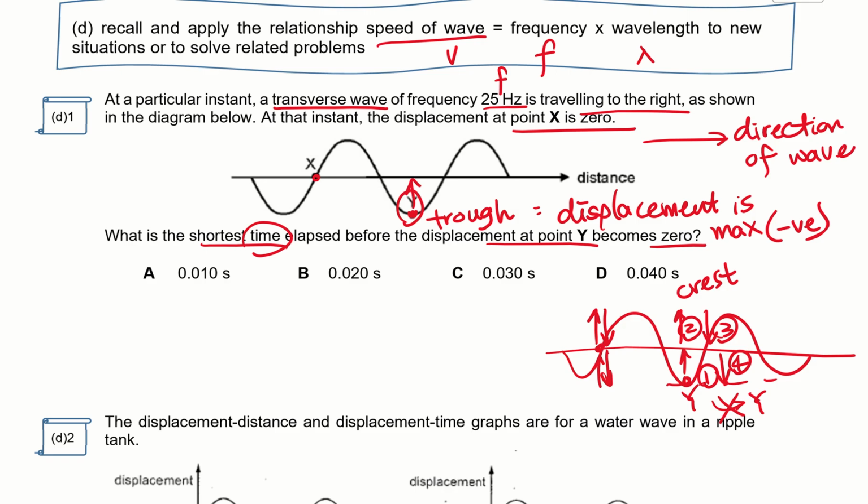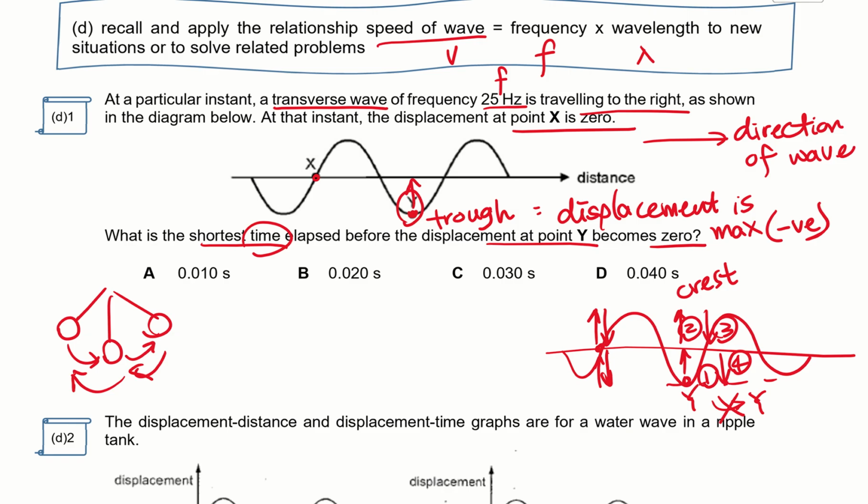So all of them will do these 4 steps to complete a complete oscillation. Similarly for a pendulum, if I start from here, 1 step, 2 step, 3 step, 4 step, in order to do a complete oscillation.